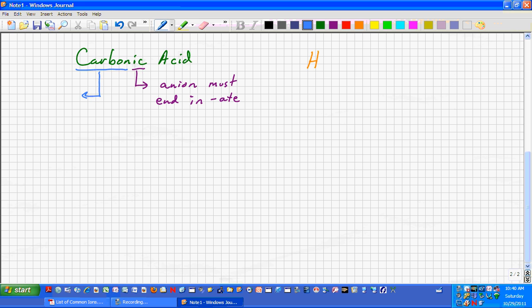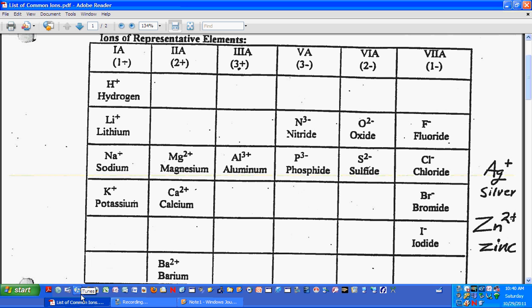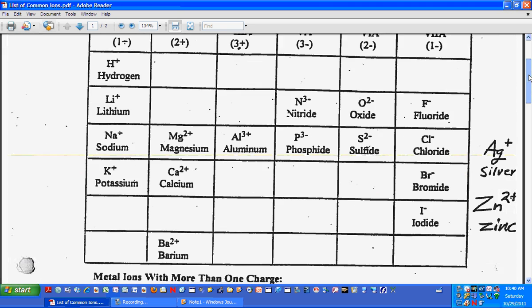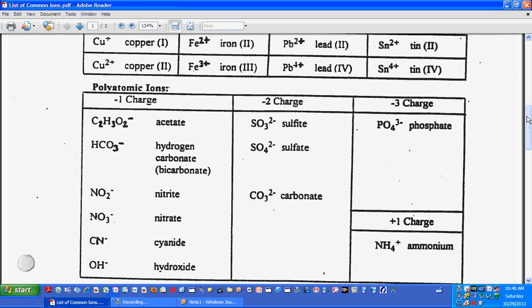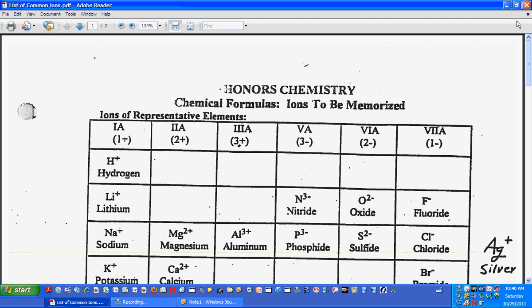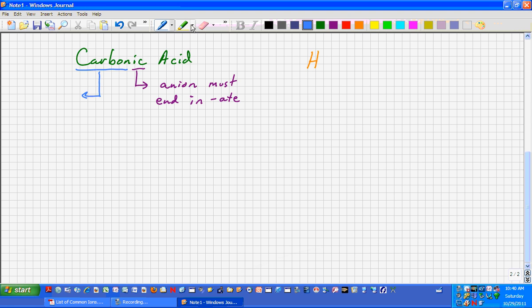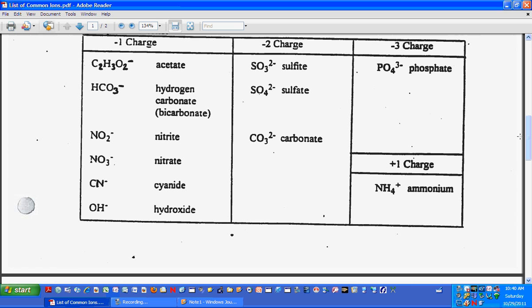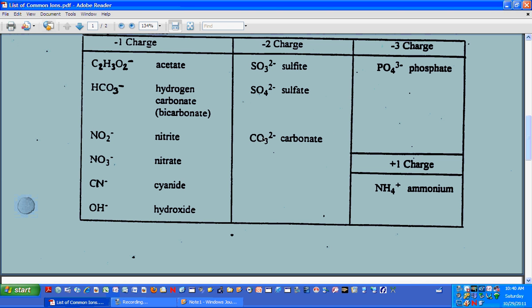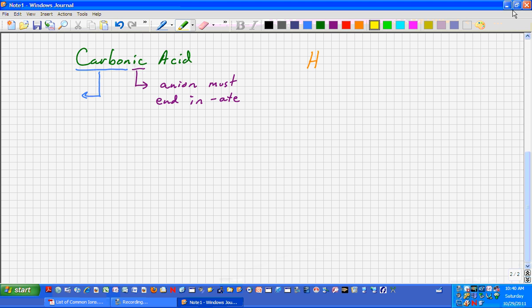What I'm going to do is show you on the ion sheet. I go to my list of common ions, and I go down looking for something that ends in ate and has carbon with it, and there it is, the carbonate ion.